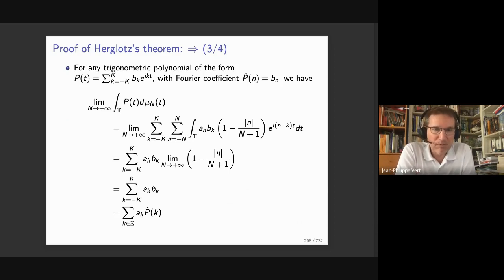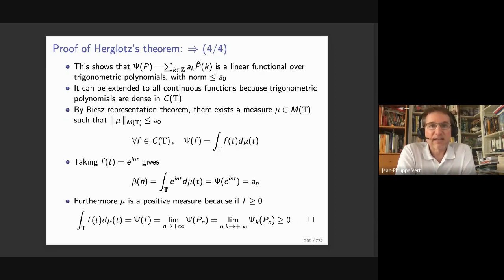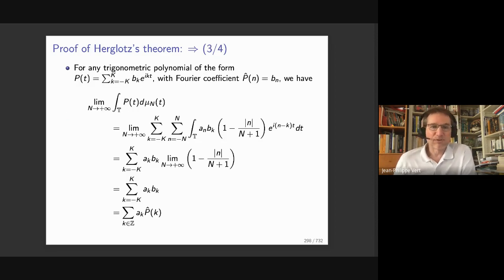So here we have been able to take a limit of mu n, seen as an operator. Now if we start from the end, if we say, okay, let's look at the operator, the sum of ak p hat of k, this is obviously a linear function over the space of trigonometric polynomials.